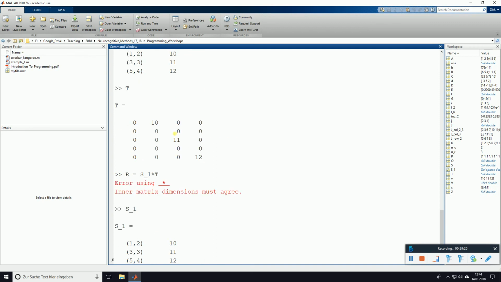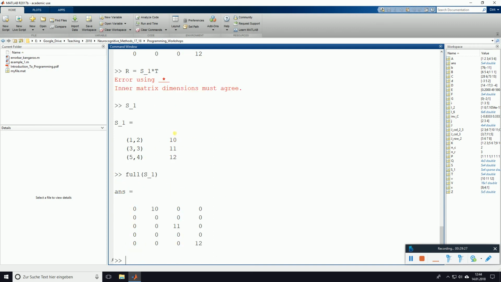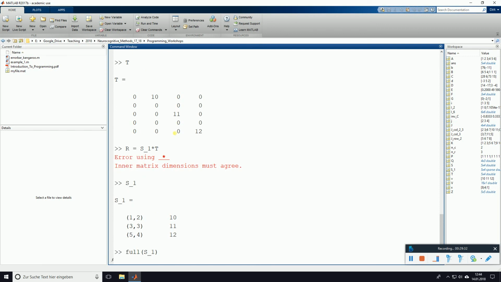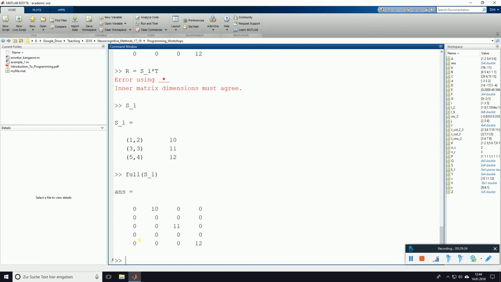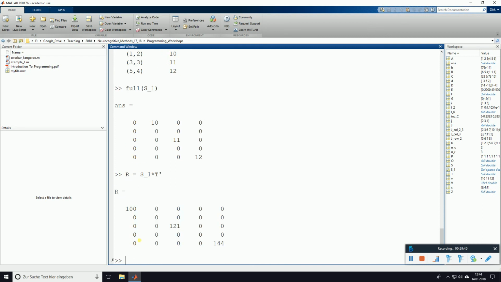Of course we need to transpose T, and then it should work. So sparse matrices feature actually a lot in SPM. So if you're using SPM and you're looking at the implementation, then you will come across many sparse matrices.